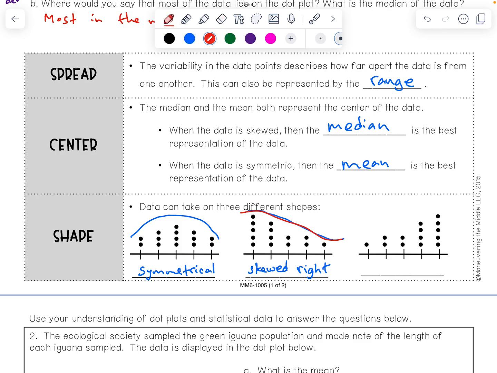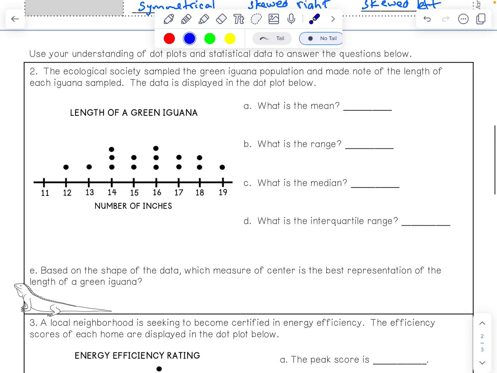This one right here, the third one, we'd say that's skewed left. So if there's any kind of skewing, then the median would be a better measure of center than the mean. All right, let's go to the next page.